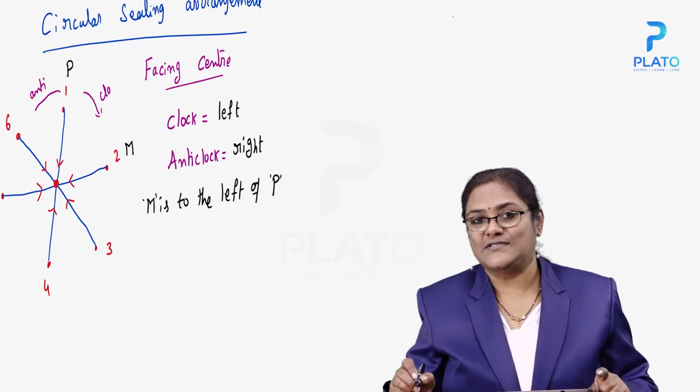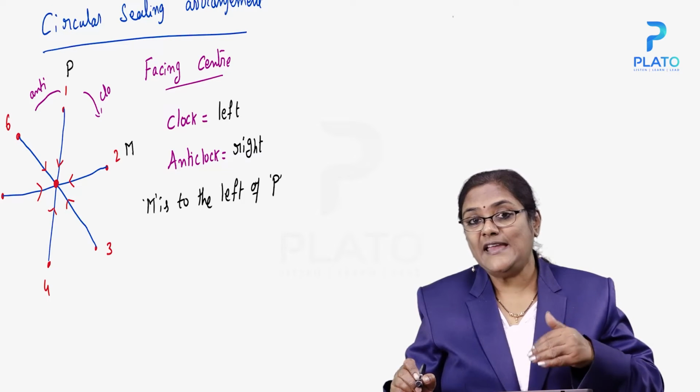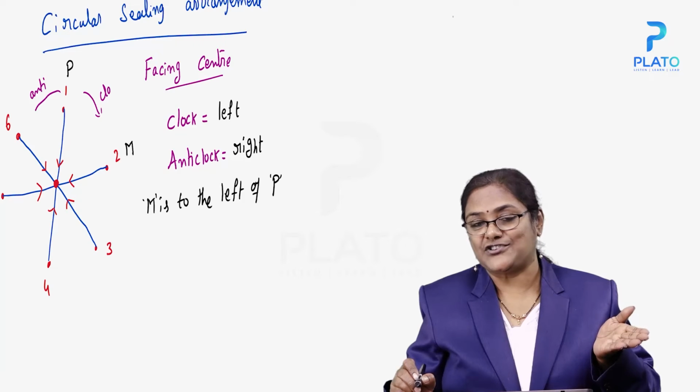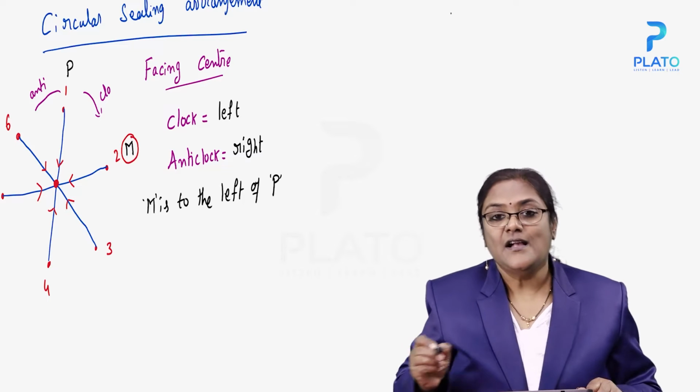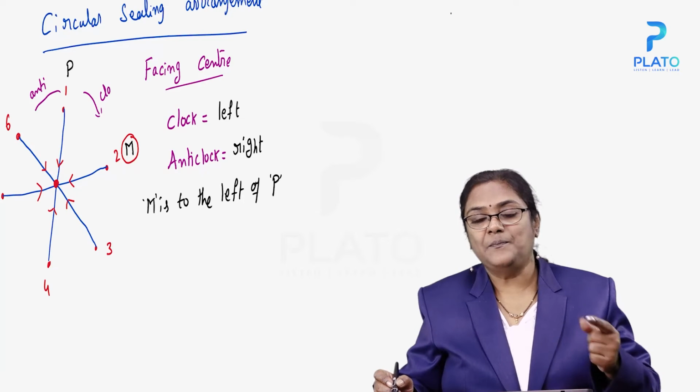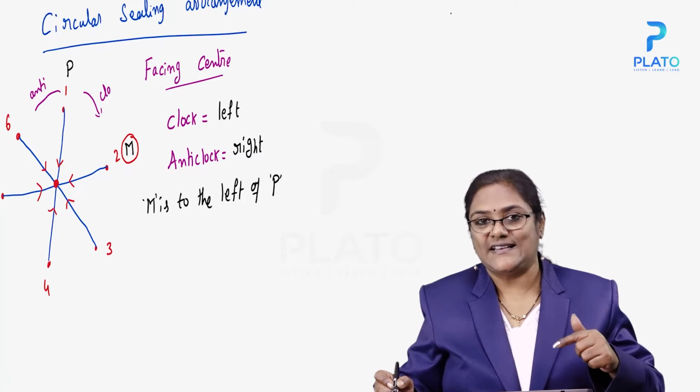From M to P, if you see, from M, P is in the anti-clockwise direction. From M, please look at the picture. This is M. So now check from M to P. From M, P is in the anti-clockwise direction.